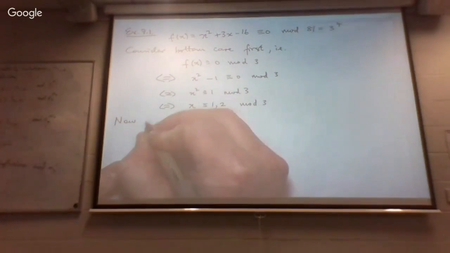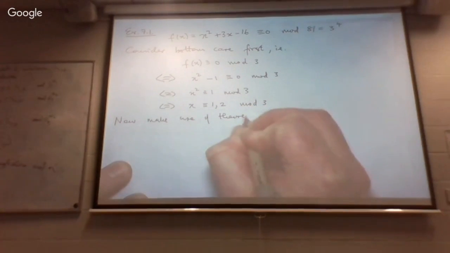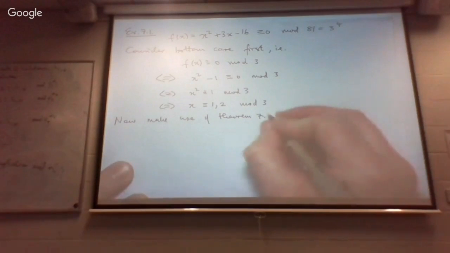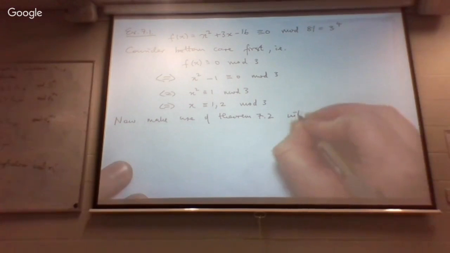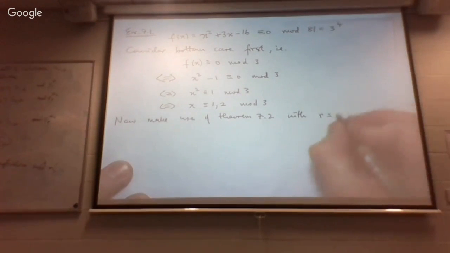Okay, so now we will make use of theorem 7.2, with r equal to, so let's choose one of these solutions, r equals 1.